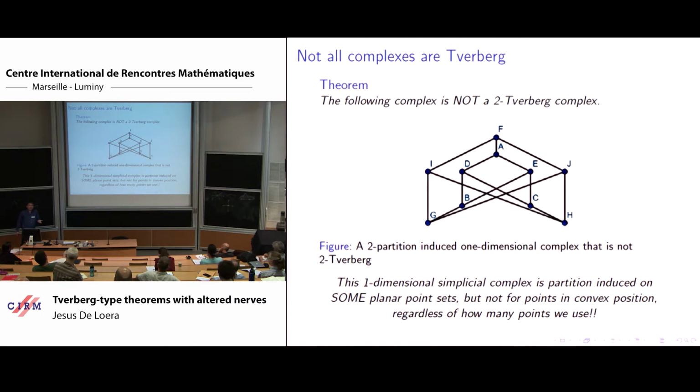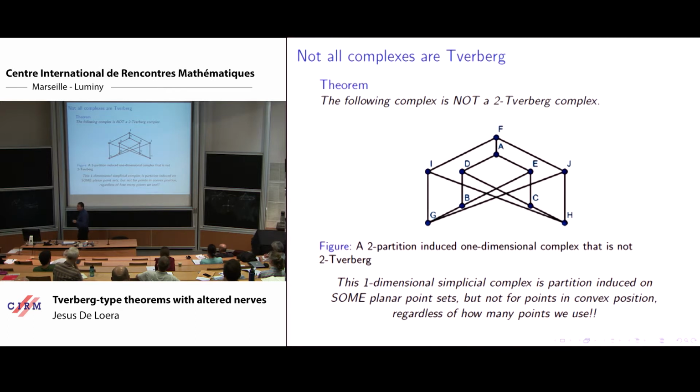But there are some point configurations in which you can partition and get this graph as a nerve. By the way, if you have the intention to play a little bit with your piece of paper, find convex sets that give you this, but not point configurations in convex position.